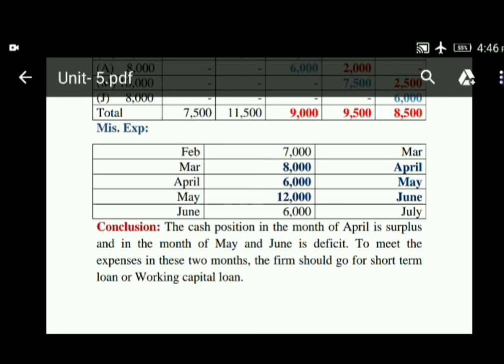If you estimate, then you are able to know whether there is a surplus or deficit. If it is surplus, no problem, but if there is a deficit, then according to the situation, the firm can make necessary arrangement. So this is the preparation of cash budget, to know the cash position at the end of different particular months.